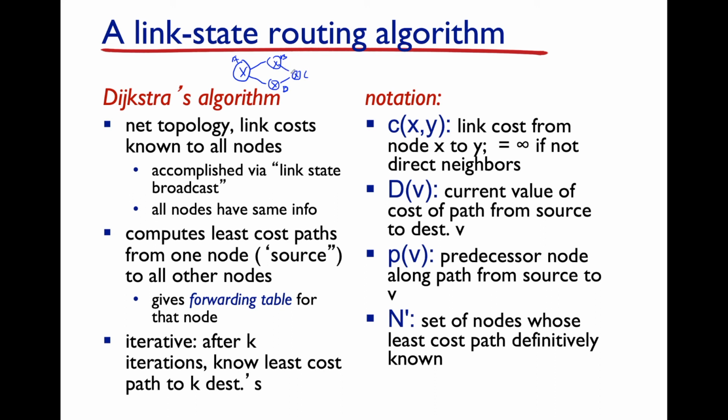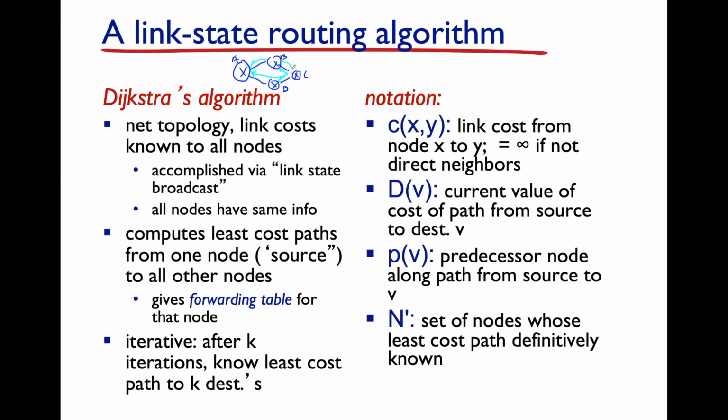So link state broadcast means that router C is going to broadcast its link state to every single router on the network. Likewise, router B is going to do similarly.